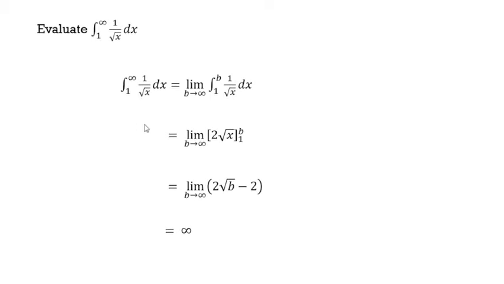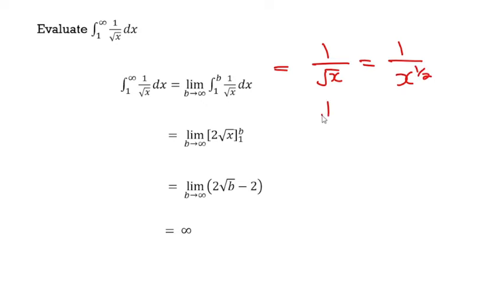In this question, we are to evaluate the integral of 1 on root x dx, where the upper limit is infinity and the lower limit is 1. We know that 1 on root x is the same as 1 on x exponent 1/2.